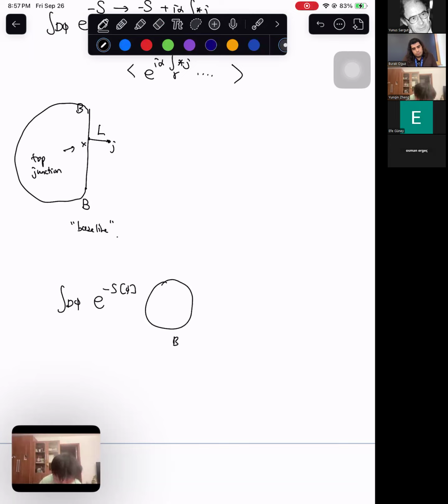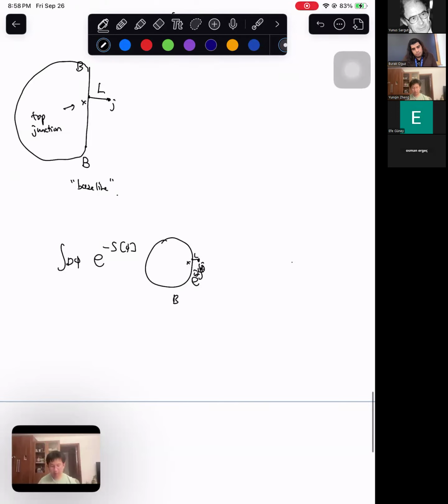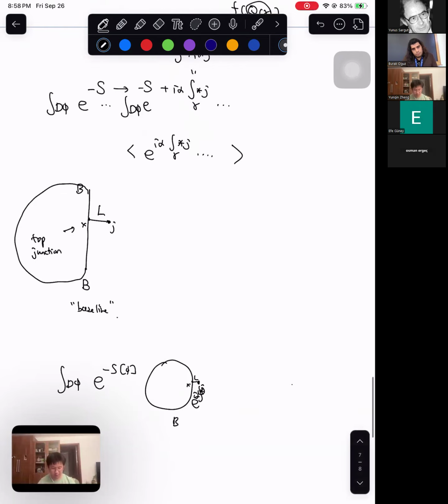Then you consider a line J attached to B with a topological junction, and you integrate this J over the base loop B. This gives you the topological operator.